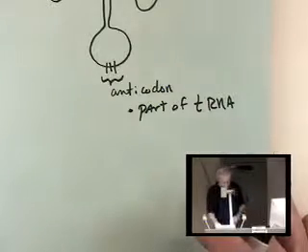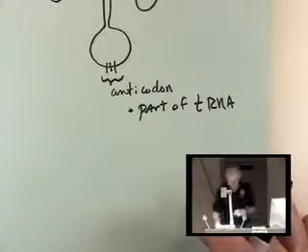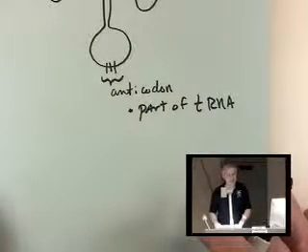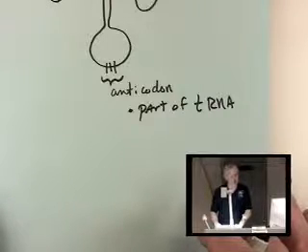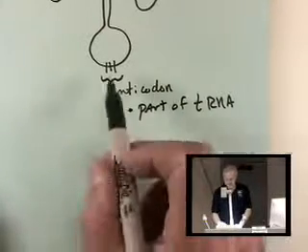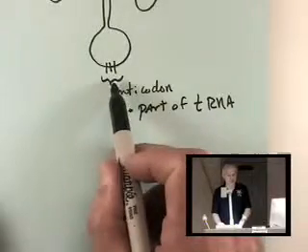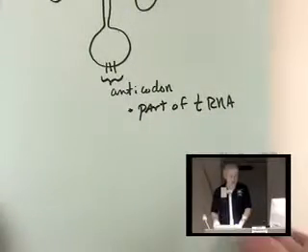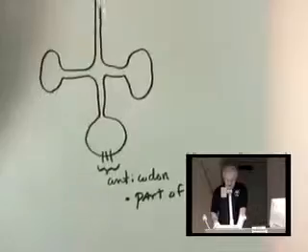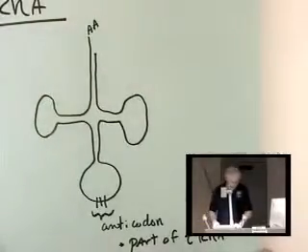And of course, it's the complementary sequence to a codon within the messenger RNA. So it recognizes the codon in the messenger RNA and brings the appropriate amino acid to the ribosome to be inserted into the protein at that point.